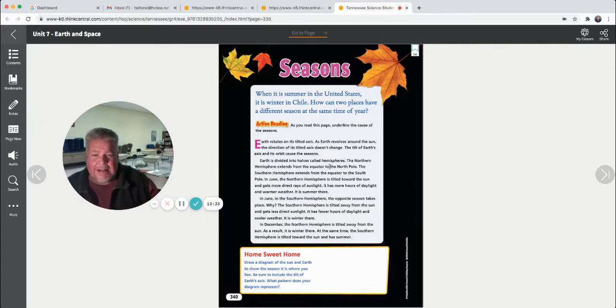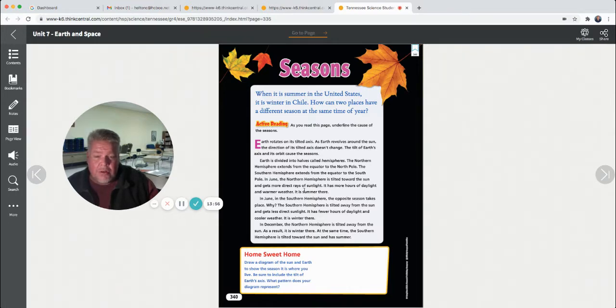Earth is divided into halves called hemispheres. The northern hemisphere extends from the equator to the North Pole. The southern hemisphere extends from the equator to the South Pole. In June, the northern hemisphere is tilted towards the sun and gets more direct rays of sunlight. It has more hours of daylight and warmer weather. It's summer there.